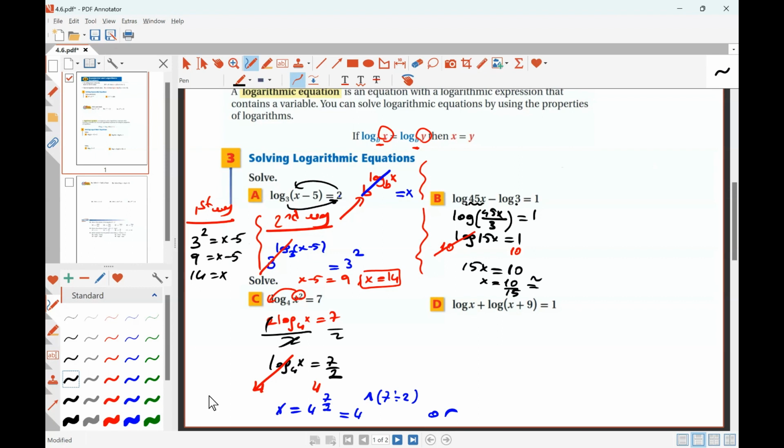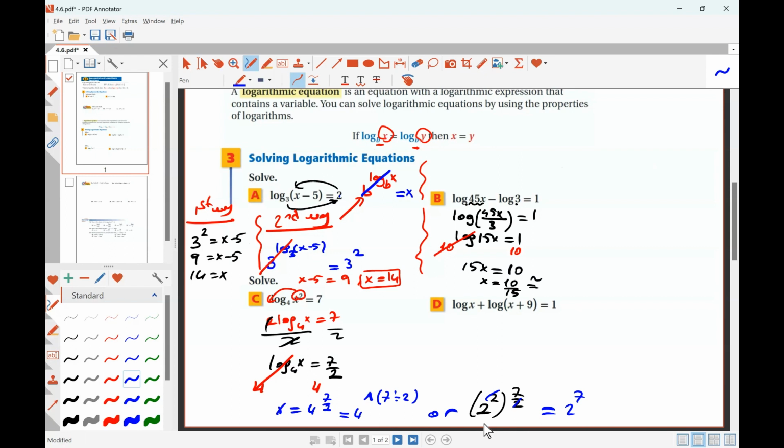4 is equal to 2 squared. So replace your 4 with 2 squared. 2 squared to the power of 7 over 2, right? So now I have 2 at the top, 2 at the bottom. They will cancel each other. I will be left with 2 to the 7. What is 2 to the 7?